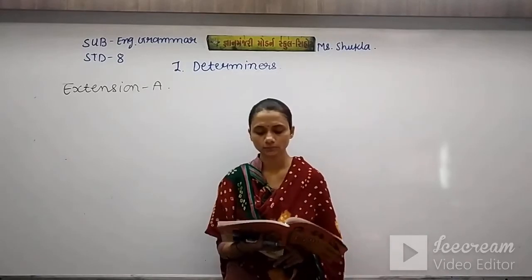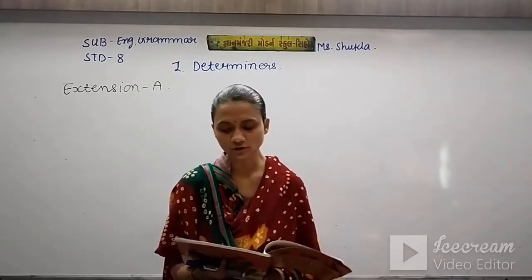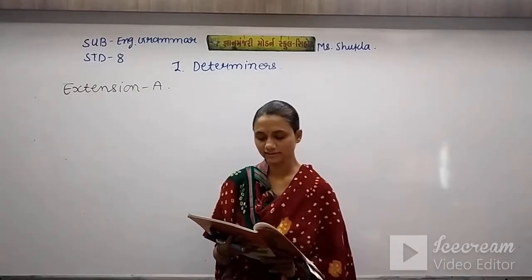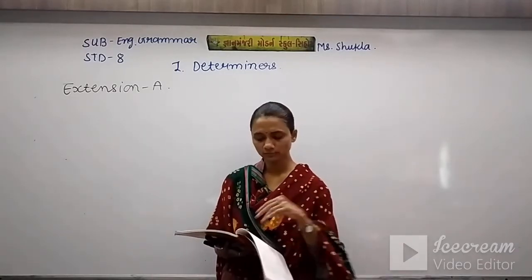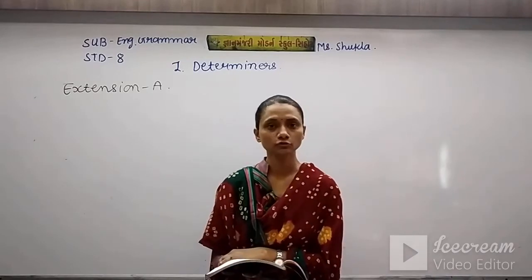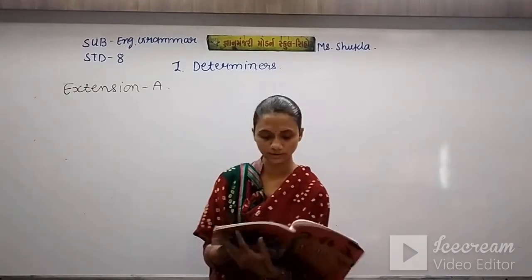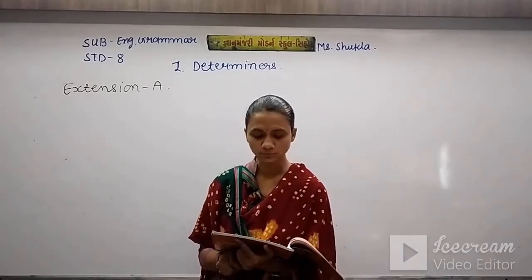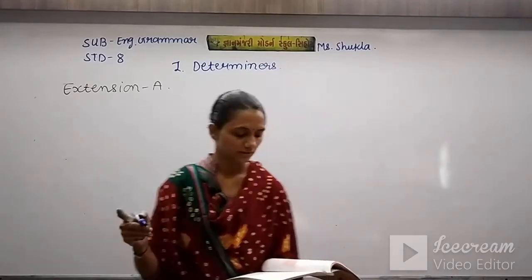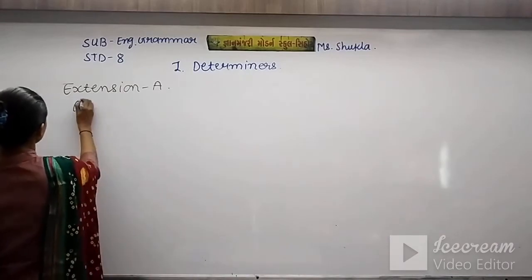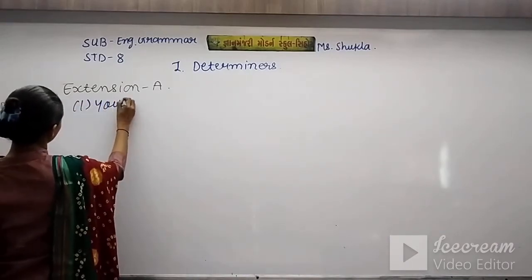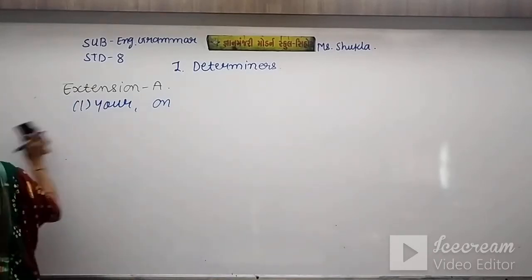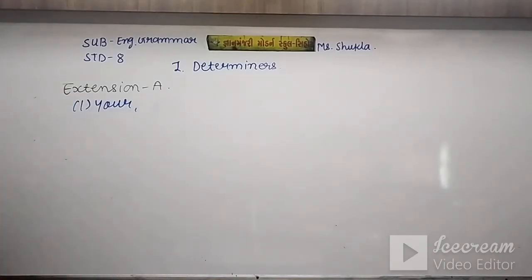Tarun is traveling by train to Mumbai. He is talking to a fellow traveler, Ranjit. Use suitable determiners and fill in the blanks. So here we have a dialogue between Tarun and Ranjit. We have to use determiners to fill these blanks. Okay, Ranjit said, is this blank first visit to blank city? So in the first we have your and one. Is this your first visit to the city?